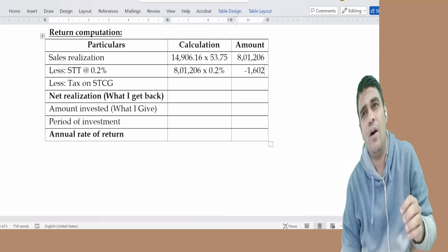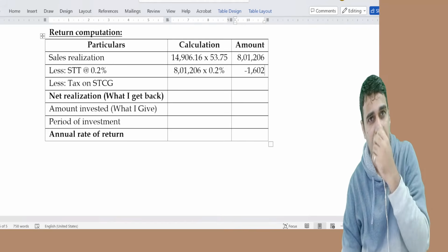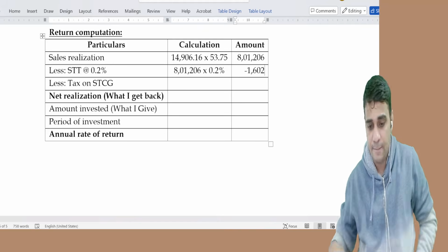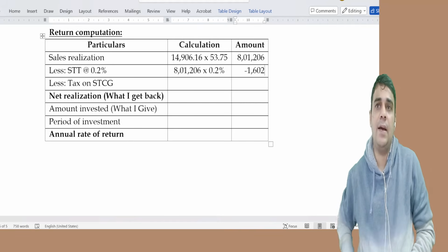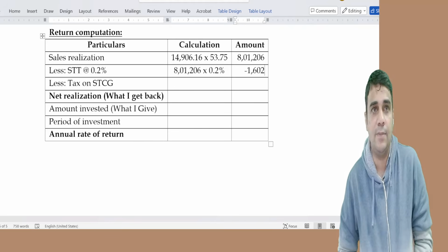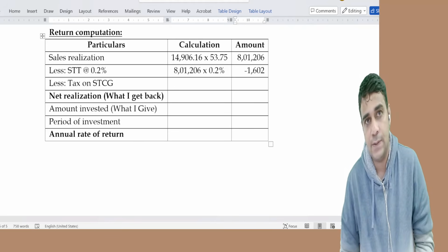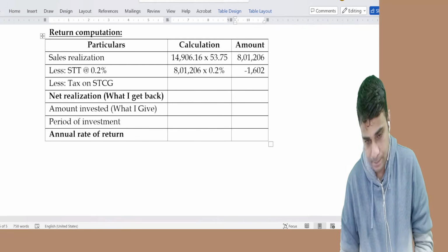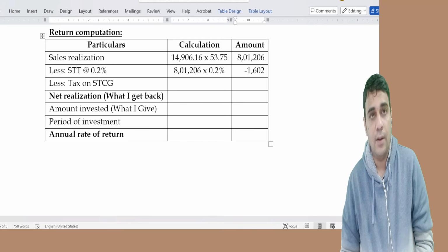The amount I'm rounding off, it will not have any material difference. Units and NAV we are keeping, NAV anyway is given in the question to 2 decimals. Units also we have kept the same, 2 decimals. Any doubts till this?